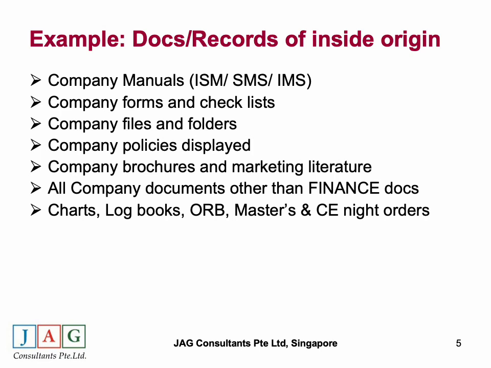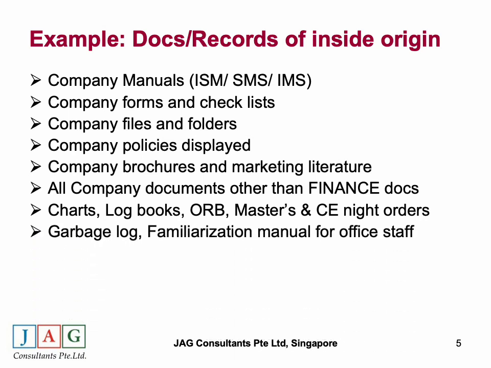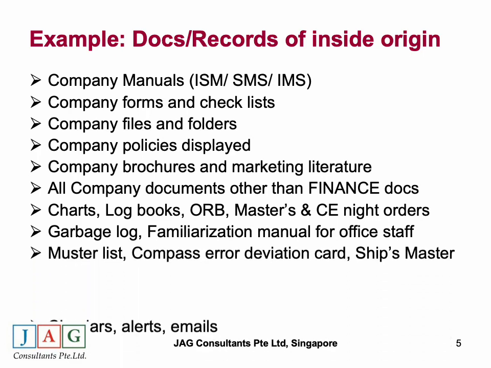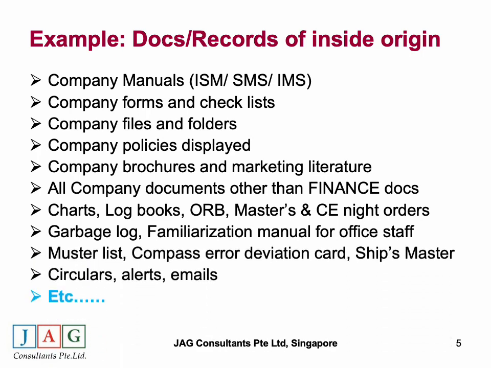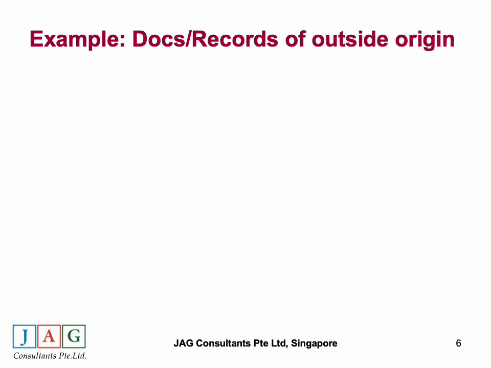Because they have their own procedures that are applicable based on the country in which they are based. So each country has its own regulations and requirements for finance documents. So charts, logbooks, all record books, masters and chief engineers night orders, garbage log, familiarization manual, etc. All these types of things are documents of internal origin.